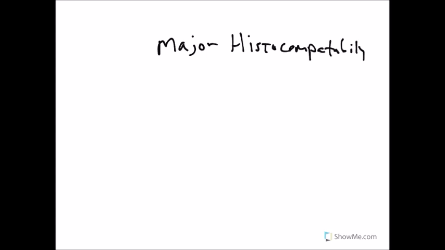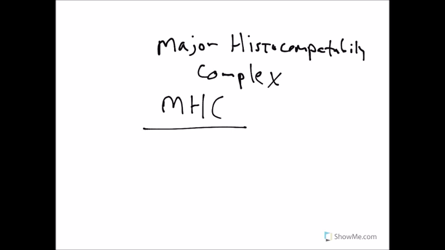So what we're going to now see is with these T cells, how they interplay with something called the major histocompatibility complex, right? So we have our MHC molecules, the major histocompatibility complexes.